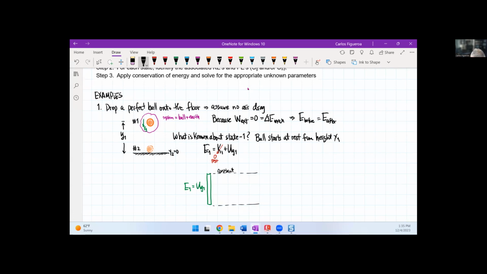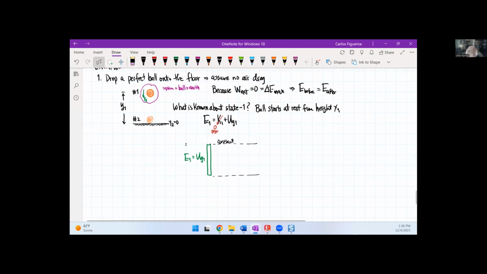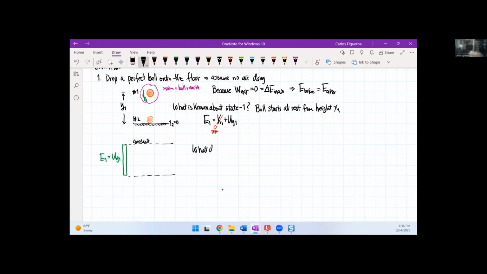So then I want to know what's happening at state 2. So at state 2, I could then come over here. Let me move this over here. So then I could ask the question, what do we know about state 2?